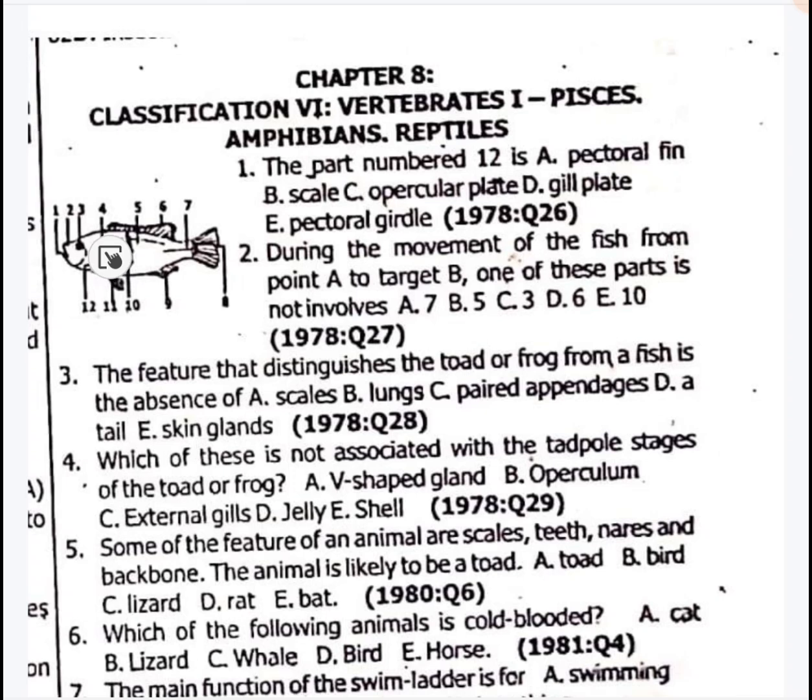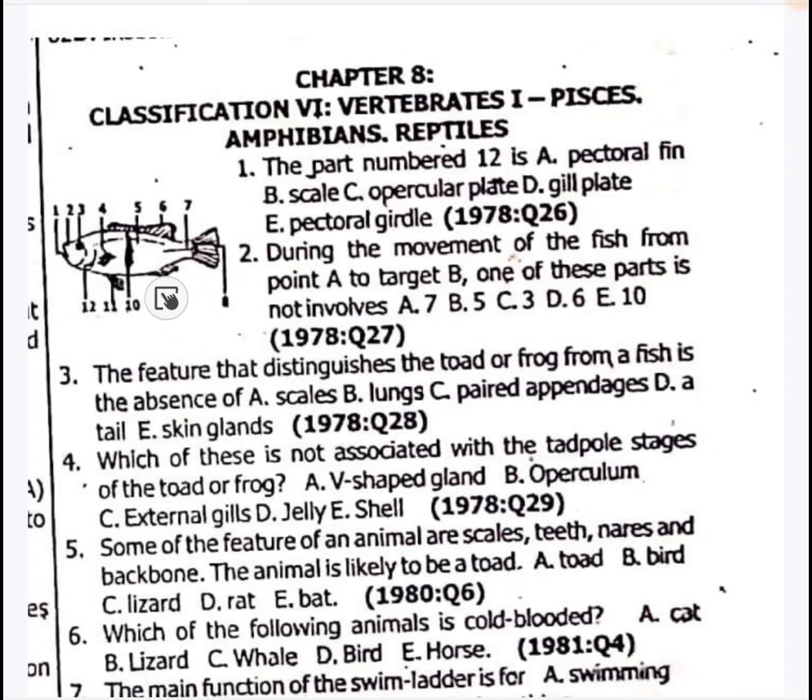The fourth part is the pectoral fin. The fifth part is called the lateral line. The sixth part is called the dorsal fin. The seventh part is called the caudal peduncle.